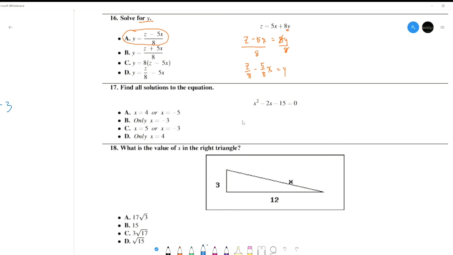So real quick, we have x minus 5, x plus 3 equals 0. x minus 5 equals 0, x plus 3 equals 0. So x is equal to 5, or x is equal to negative 3. And that's C.